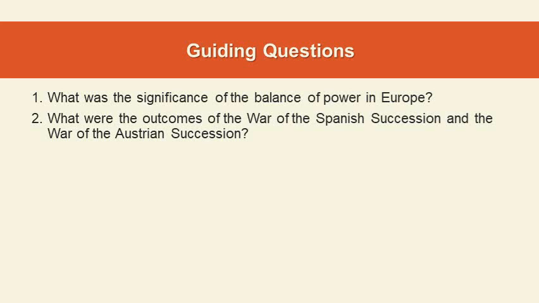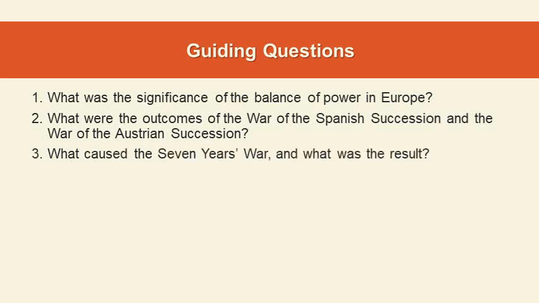That's our policy of succession, so that we don't end up having a big fight about it. Of course, if both of them died at the same time, then there's a whole series. It goes to the Speaker of the House and on and on and on. What caused the 7 Years' War? And again, if you remember your US history, it's called the French and Indian War over here.